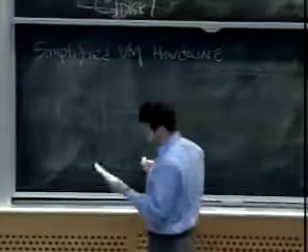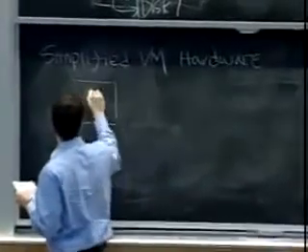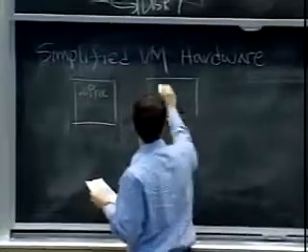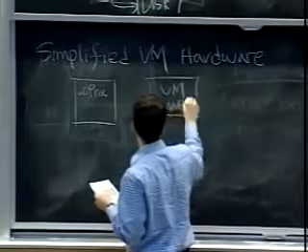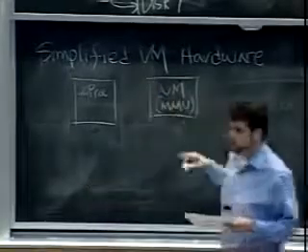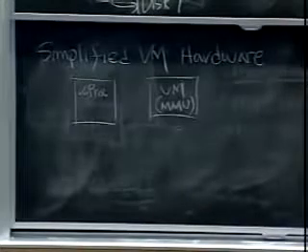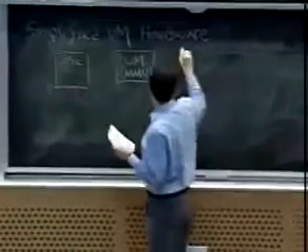So the idea in this simplified hardware is that we have our processor, okay, and then we're going to have this VM system, which is sometimes called a memory management unit, MMU. And this is a piece of hardware that's going to help us do this mapping from these logical addresses in the module's address spaces into the physical memory. And then we're going to have the physical memory, okay?